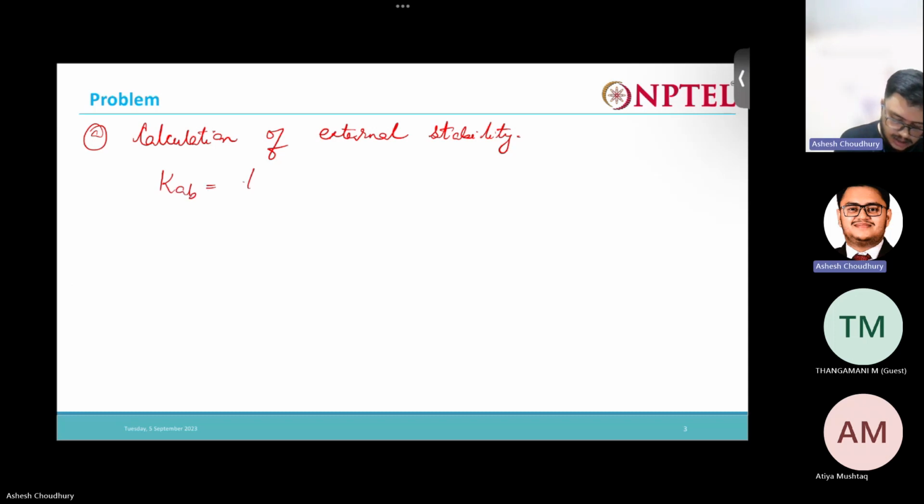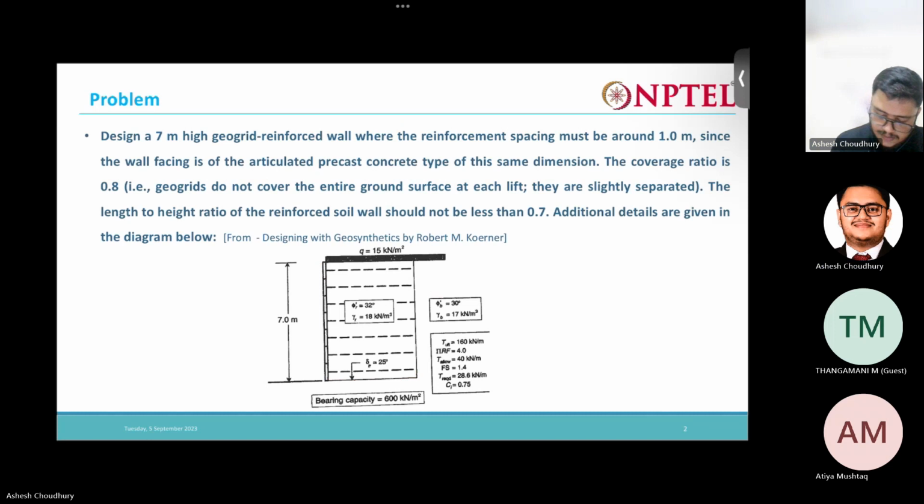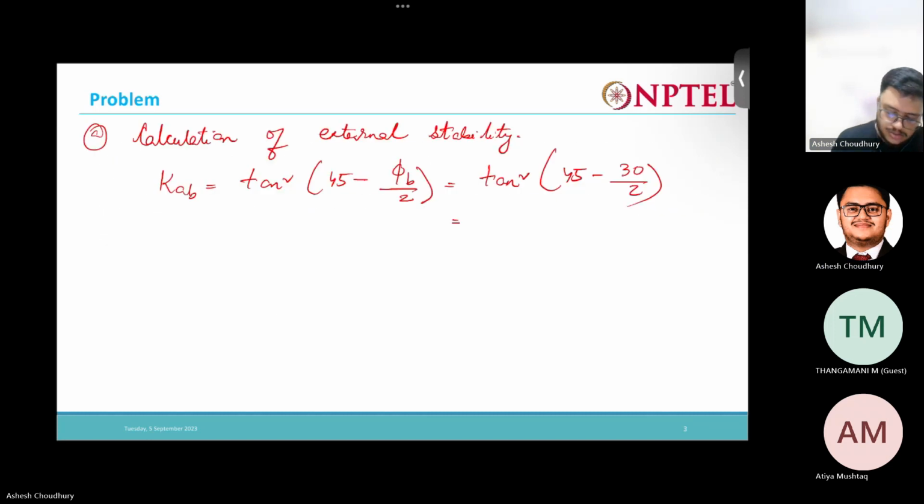So KB is equal to, so this is 30. So we have the active earth pressure coefficient for the backfill soil. Okay. Now the next thing is to determine the lateral thrust.